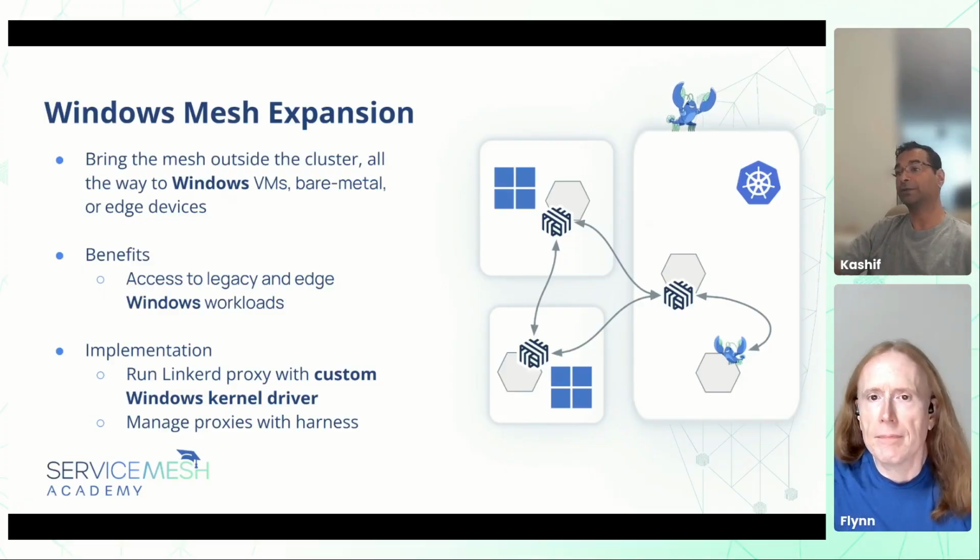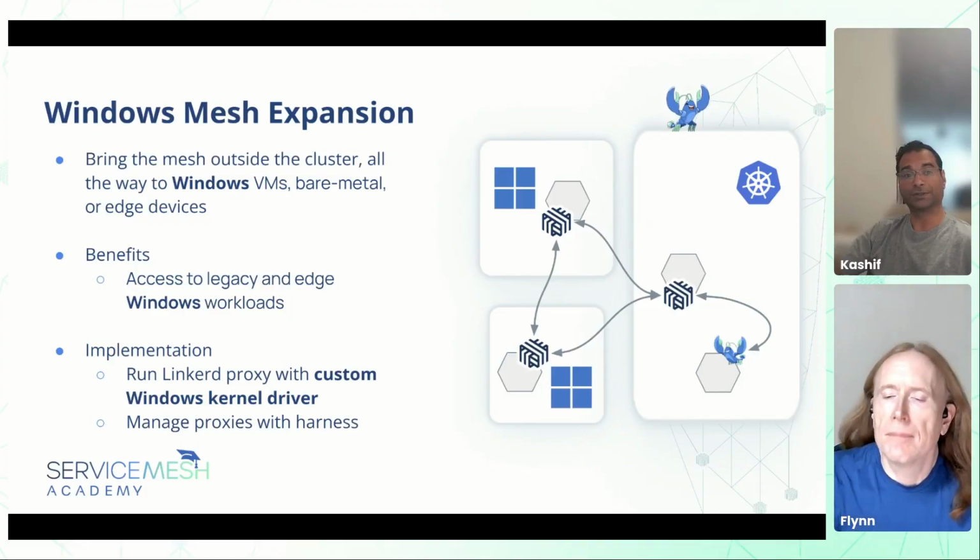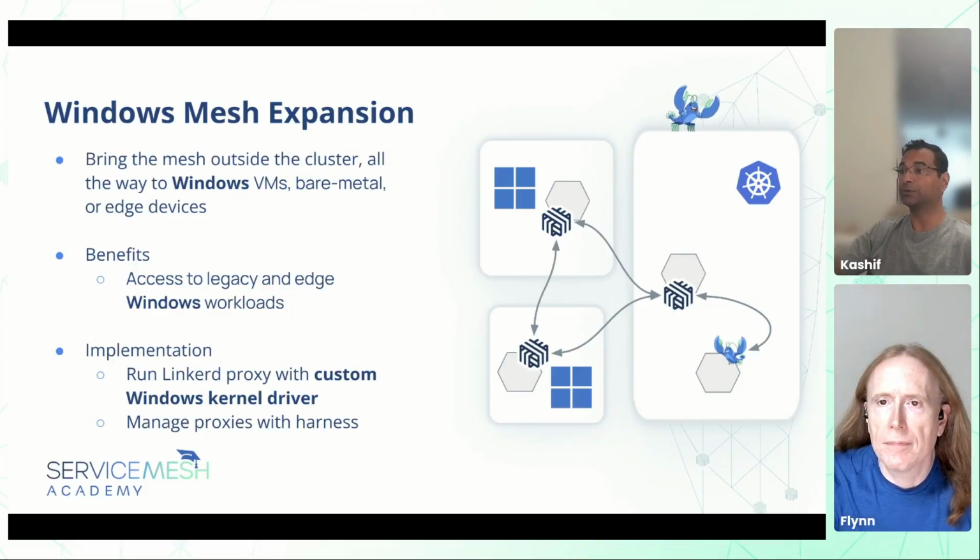And the benefit this gives us is the ability to access Windows workloads from the cluster. I should point out we say things like VMs or bare metal, but the fact is that mesh expansion doesn't know what you're running it on. So knock yourself out. If it's a Windows host, mesh expansion should be happy with it.